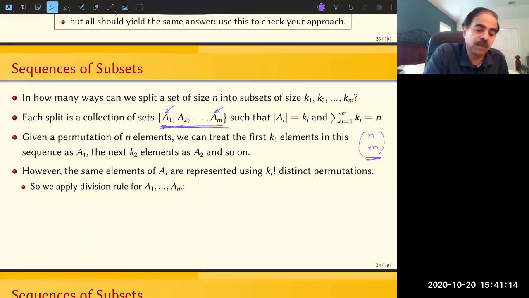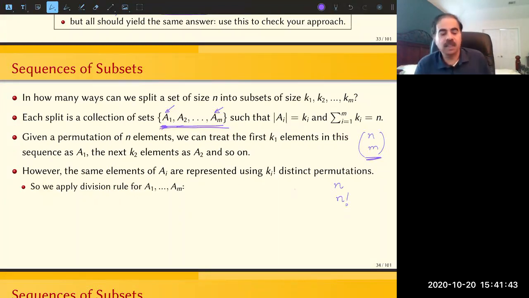A permutation of a set is a way of arranging the elements of the set in some sequence, right? Given a set of size n, there are n factorial permutations, right? Because we can fill the first position with one of n elements, the second position with one of the remaining n minus 1 elements, and so on.